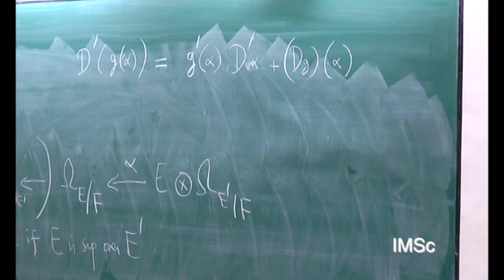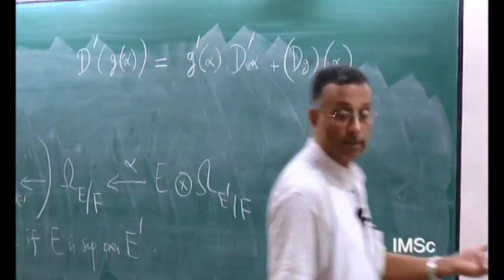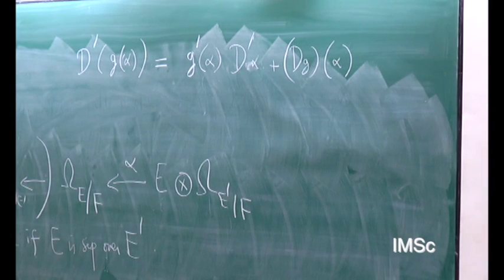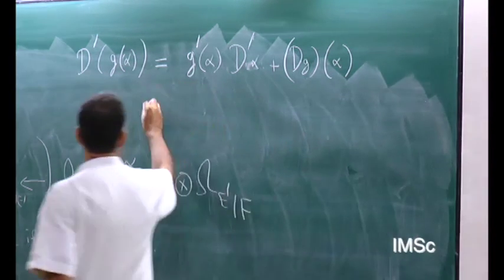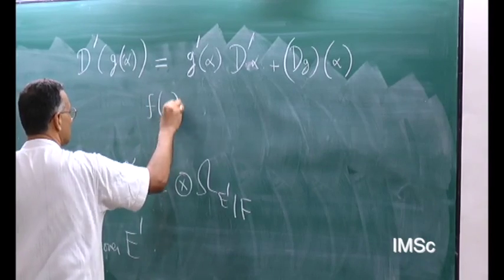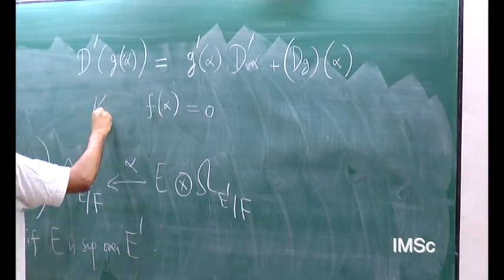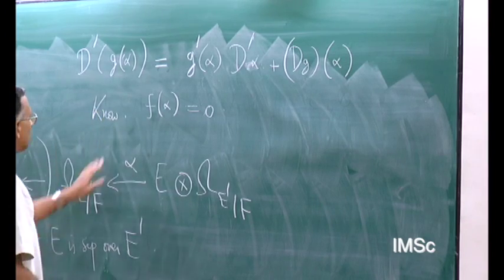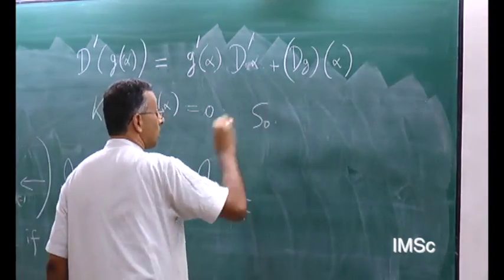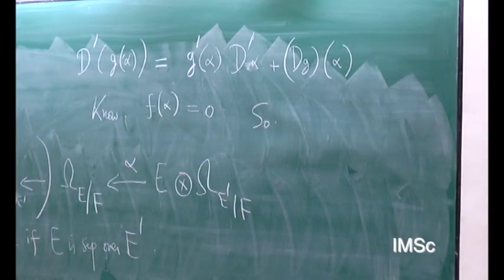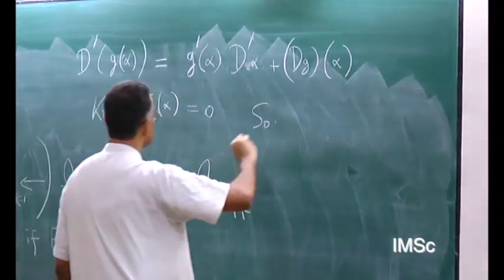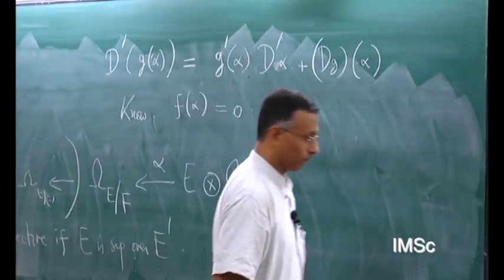Now I want this to be 0, right? Why? Because when I put it to f, I know that f of alpha is 0. So I want this to be 0.